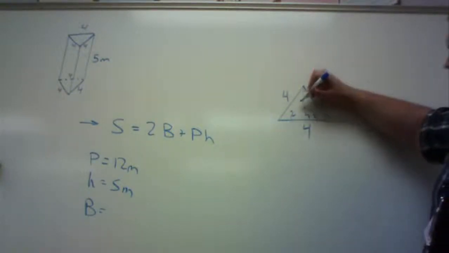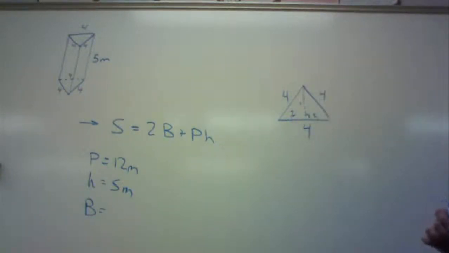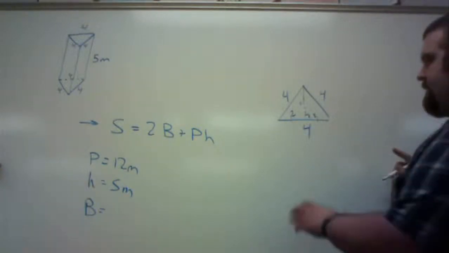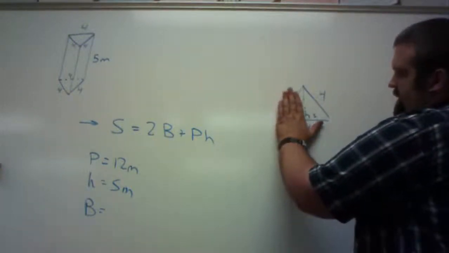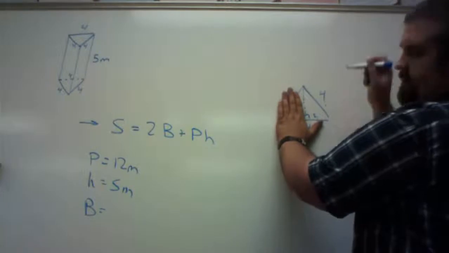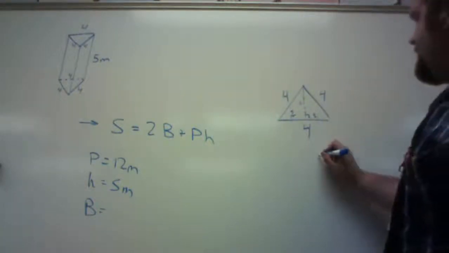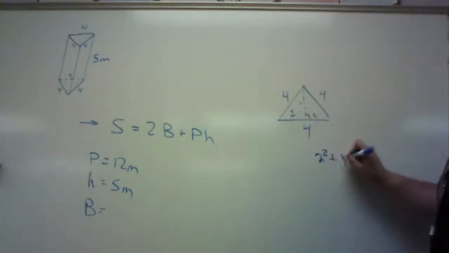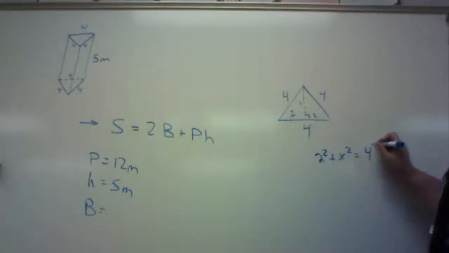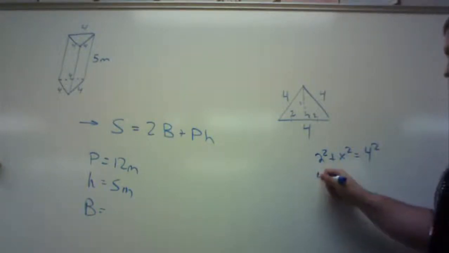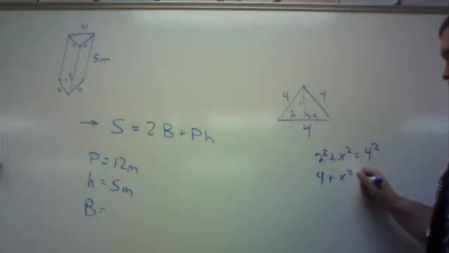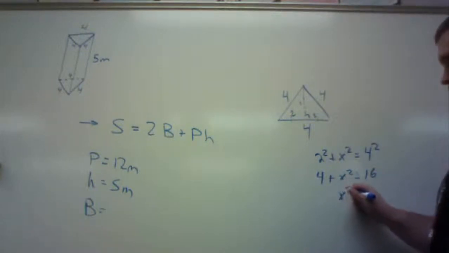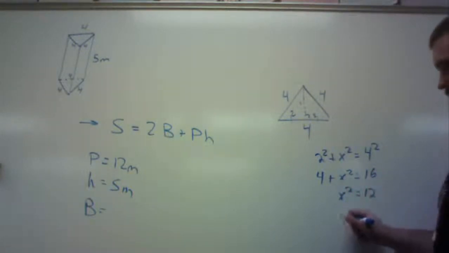And I need to know the height, or x. So I am looking at the right triangle. Using the Pythagorean theorem, a squared plus b squared equals c squared: 2 squared plus x squared equals 4 squared. Solving for x, I get 4 plus x squared equals 16. x squared equals 12. Square root both sides.